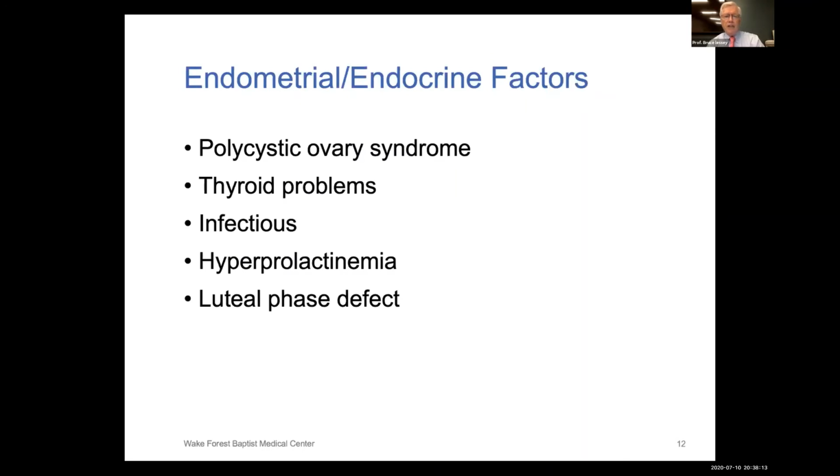The endometrial factors are also important. They can be influenced by polycystic ovarian syndrome, endometritis, hyperprolactinemia can lead to luteal phase defect, and endometriosis has really been lagging behind in terms of the general population's appreciation of its effects. One of the problems is that only 50% of women with endometriosis are infertile.